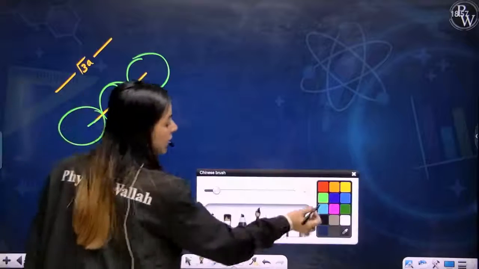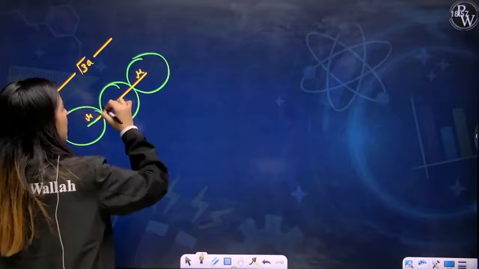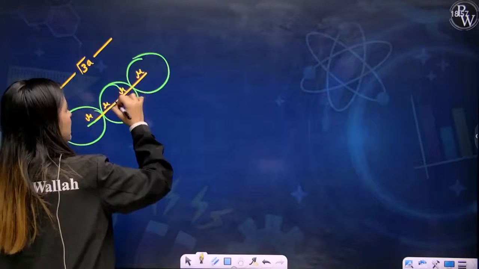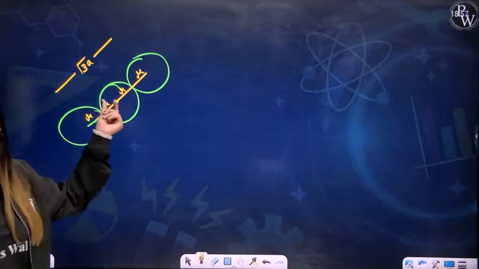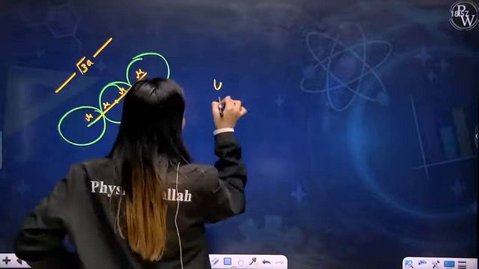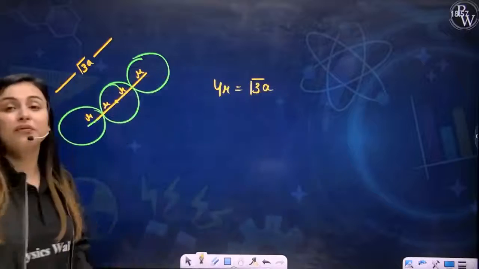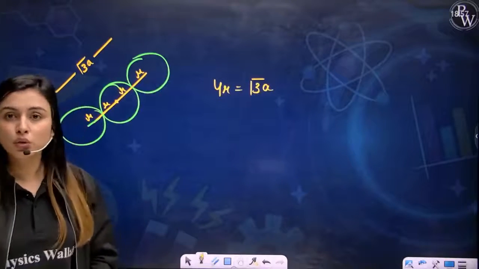Can I say that this radius is r, this radius is r, this radius is r, and this radius is r, because in the center there is a center point? So can I say that 4r is actually equal to root 3a?